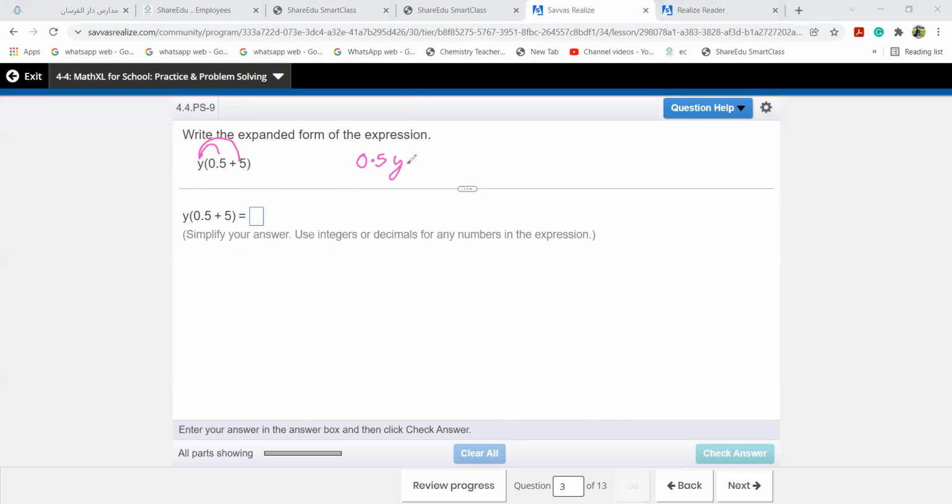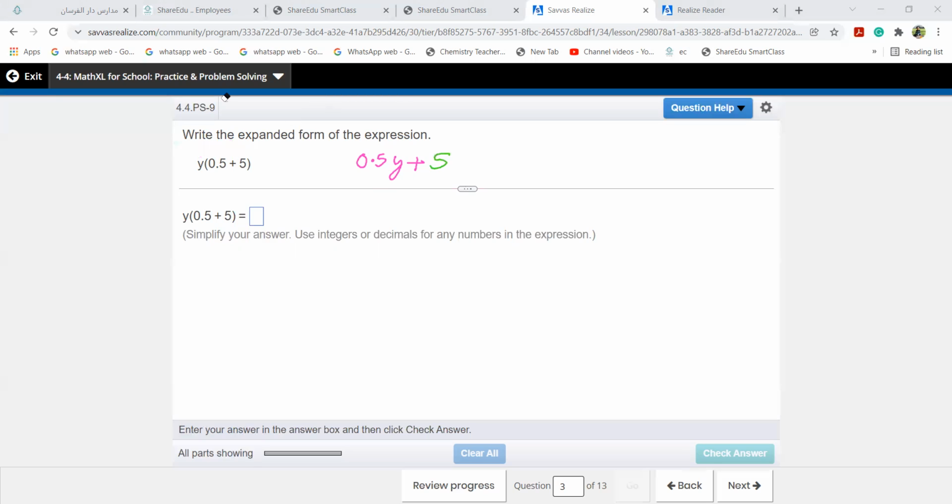And then we will multiply that plus that by 5. Yeah, Malak. First, you multiply this y by 0.5, right? So I got 0.5y. Next, what will I do? After doing this, plus it by 5. Okay, only 5?